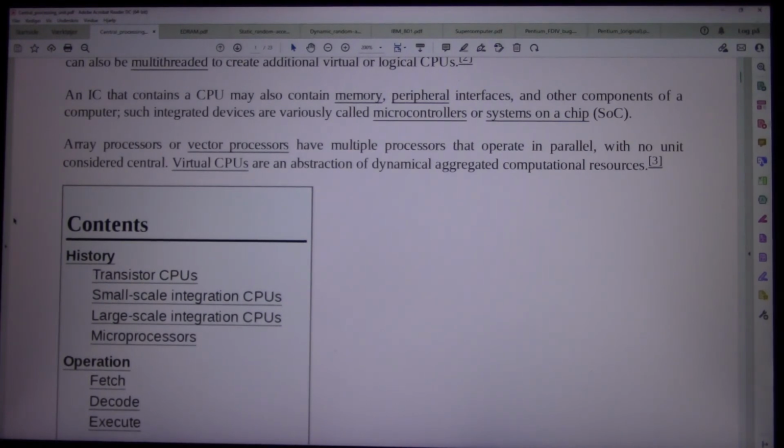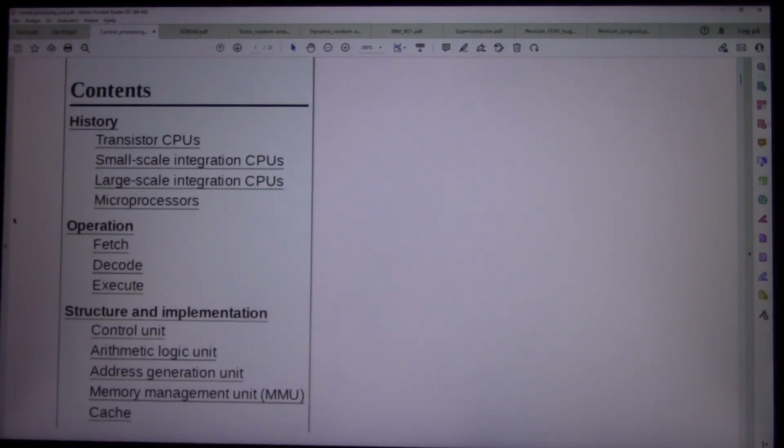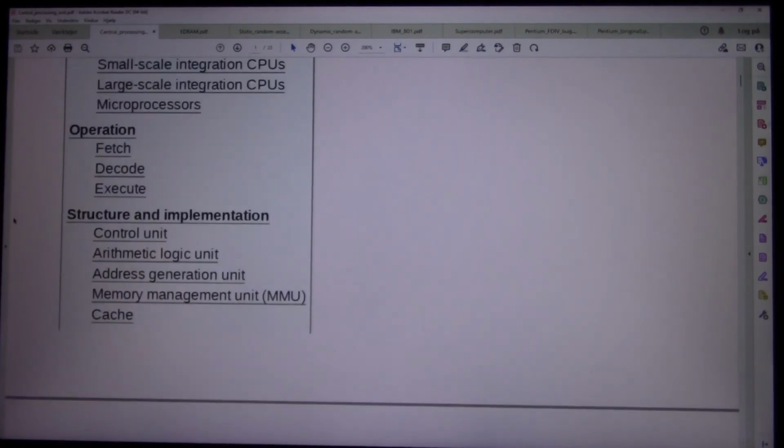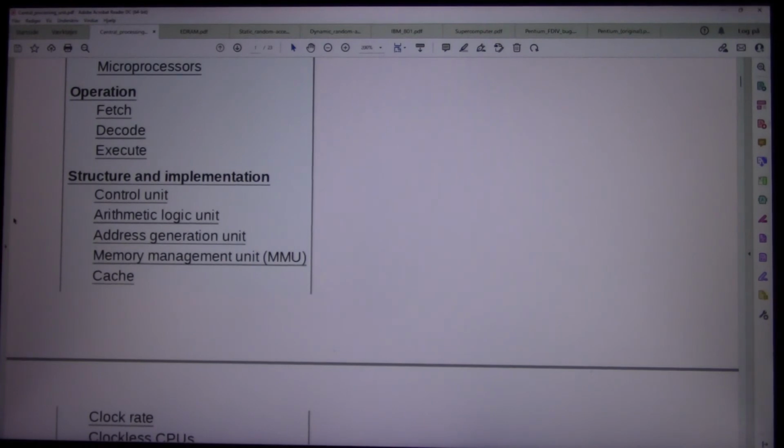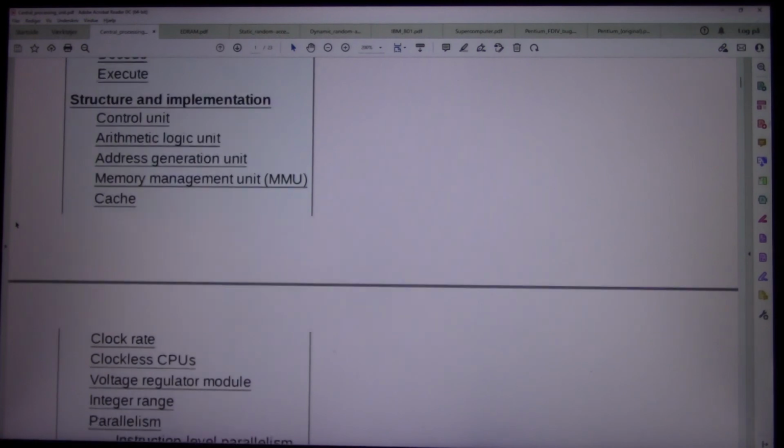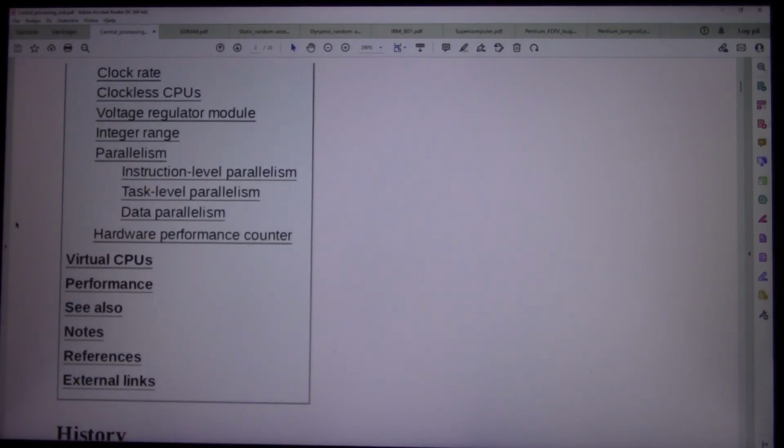Contents. History: transistor CPUs, small-scale integration CPUs, large-scale integration CPUs, microprocessors. Operation: fetch, decode, execute. Structure and implementation: control unit, arithmetic logic unit, address generation unit, memory management unit, MMU, cache, clock rate, clockless CPUs, voltage regulator module, integer range.